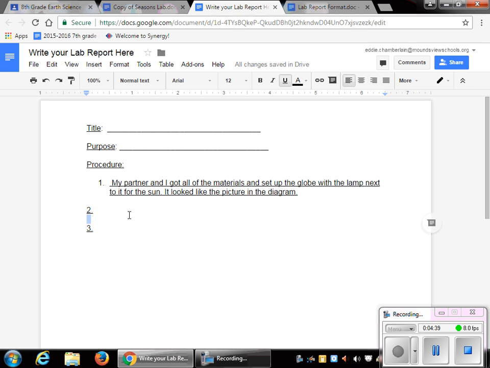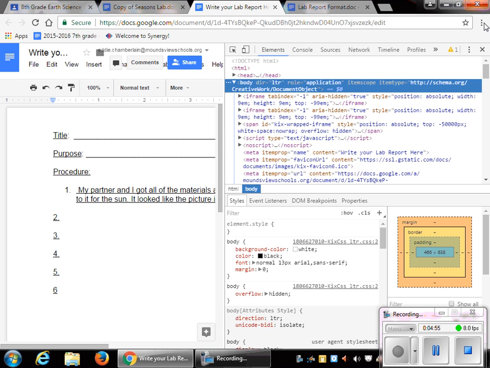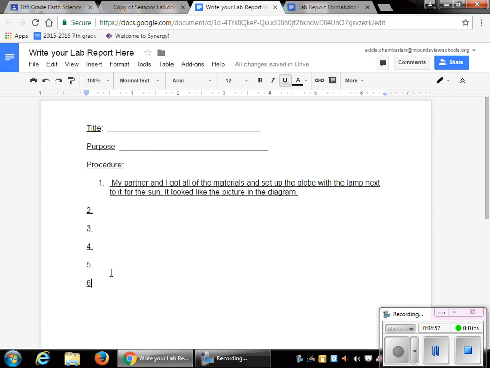You do that until at the very end, it'd be the very last part. So you would probably talk about how you set up the probe, how you recorded, how long you recorded, what you looked for, and how you changed it. So if you do it in any less than 5 steps would probably be too few steps. And if you're using complete sentences, it probably had a lot in there.